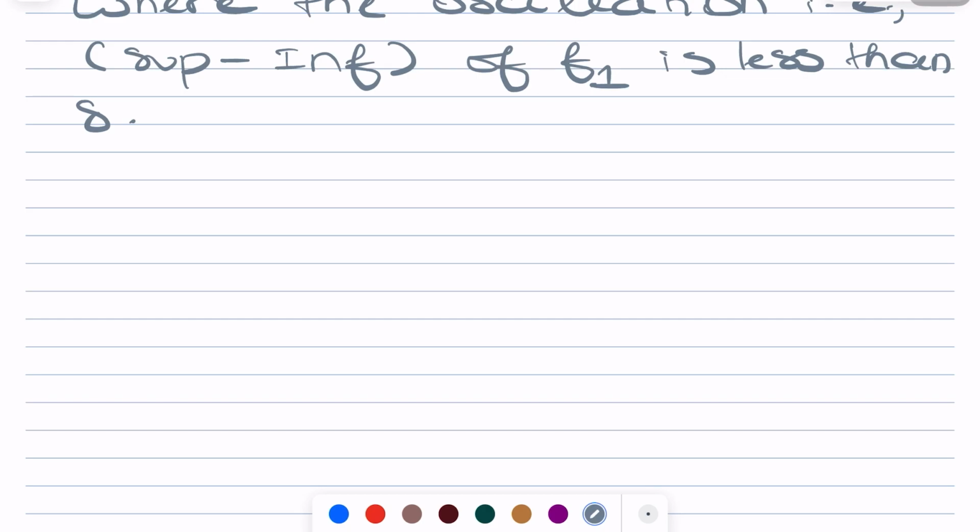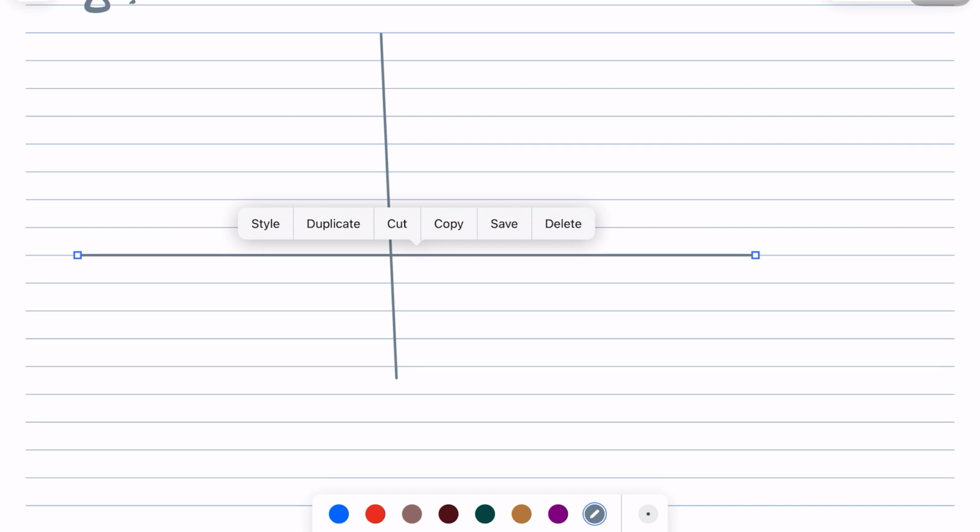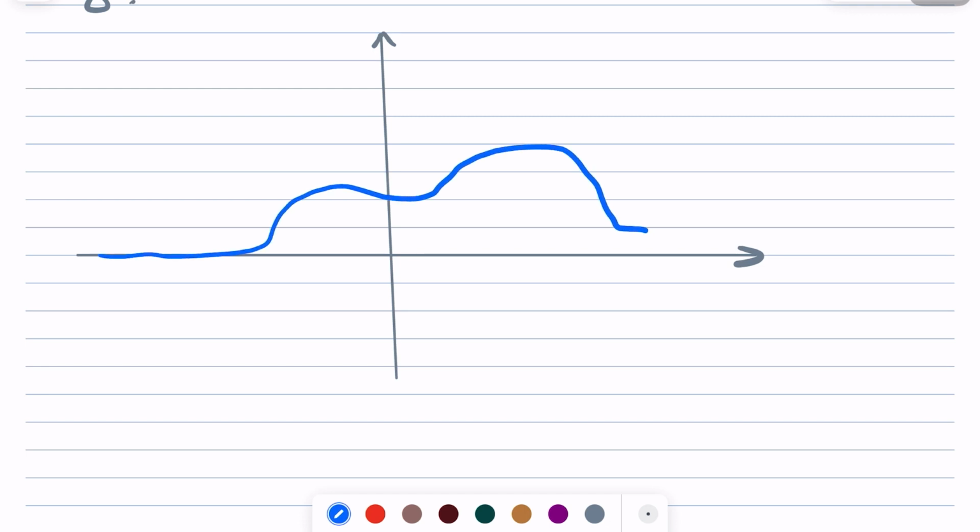So maybe you should have a sketch. Say we have something like this. This would be, for instance, a function with compact support.